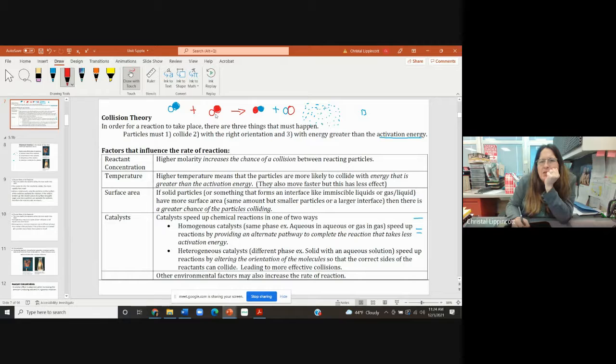So we're taking these two things and forming these two things. All right, if this one happens to hit this one right here, there's not going to be a reaction there because we're not forming the solid blue with the clear red circle. Okay, these have to hit the right way.